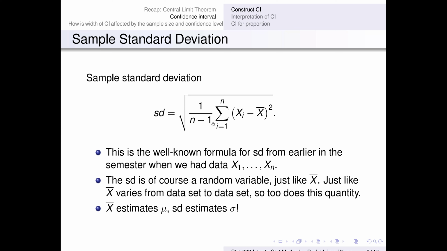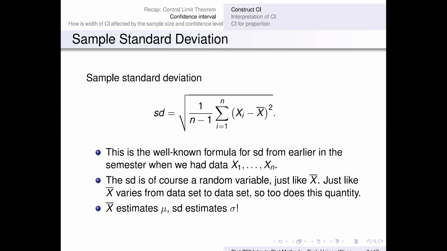That n-1 is the degrees of freedom, because originally we have x1 through xn, that's n values, and all n of them are free. But once we compute the average to estimate the common mu, we no longer have n free values, because all of them added up and divided by n has to be equal to the average. So only n-1 of them are free.